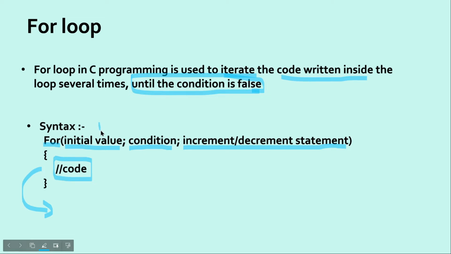In this, the initial value will be executed only once. The condition will be checked every time, and the increment or decrement statement will be executed after every iteration. So at the end of every iteration, this will be executed. So this is how for loop works in C programming.